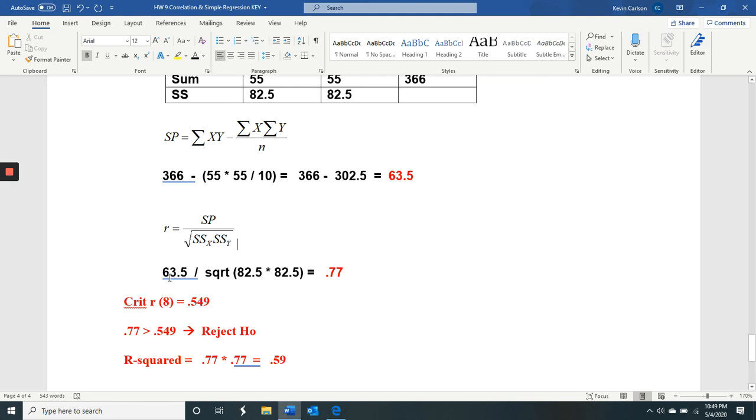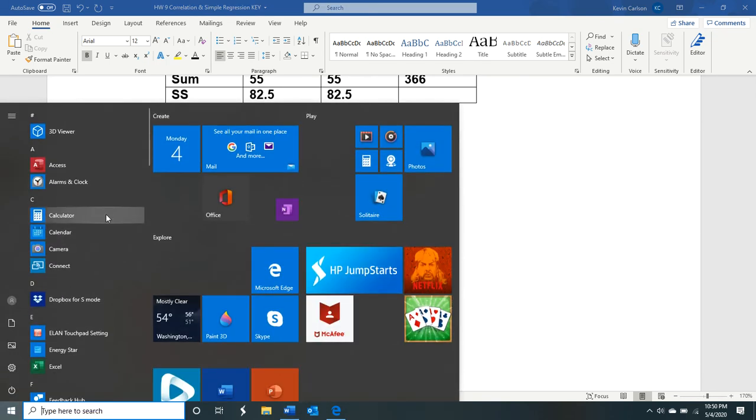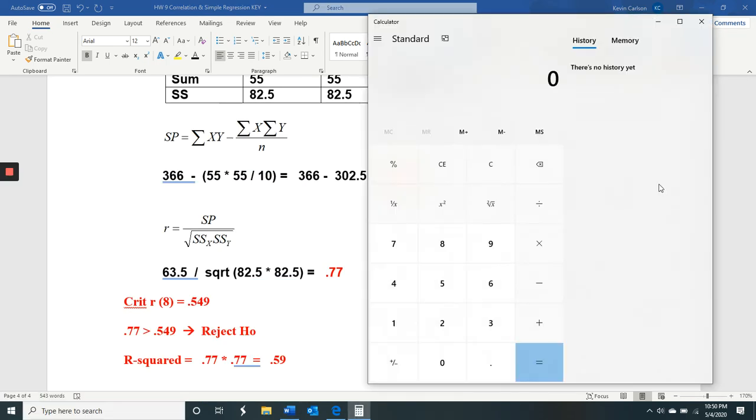So 63.5 was our SP. And then we take the square root of 82.5 times 82.5, which should be 82.5. Let me just quickly do that. Why not? 82.5. Whoops, that's not working. Sorry about that. My numbers lock wasn't on. 82.5 times 82.5.